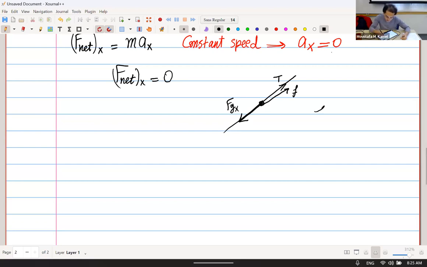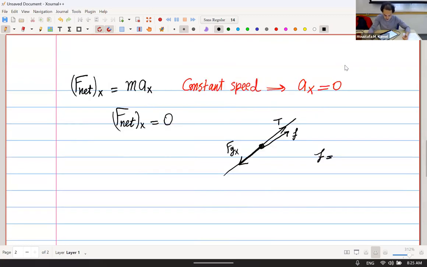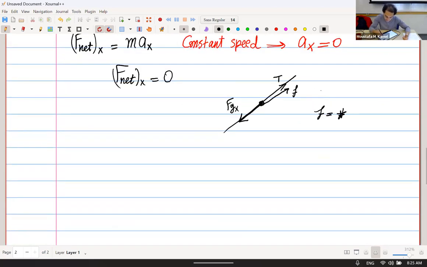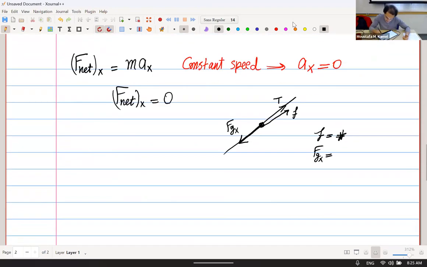Where F is, did we calculate what F is? It's this amount without the 30. So it's some number anyway, and FGX, we calculated above, is 763.8 newtons. So now we can solve for tension. From this equation, we have T plus F minus FGX equal to 0, right?